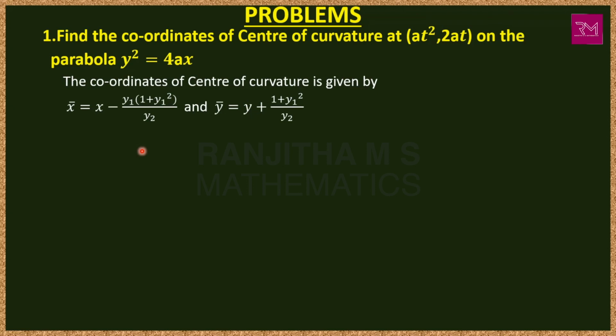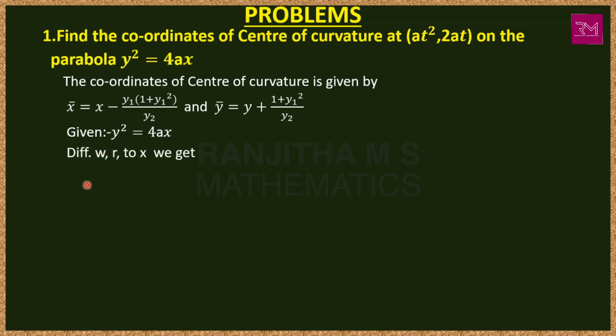What is the first step? We have to take the given curve, y square equals 4ax, find y1 and y2 for this, and substitute in the formula of x bar and y bar. To obtain y1, we differentiate this equation with respect to x.